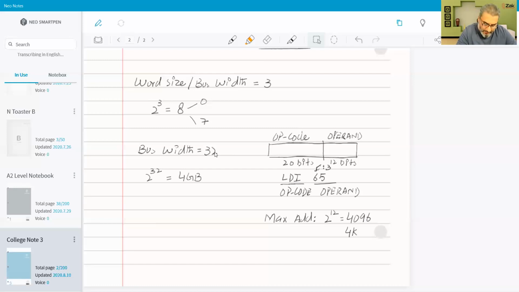And with the bus width of 32, the maximum memory that you can access is this 4 GB. But with the command, since the operand is only holding 12 bits, you cannot go beyond 4K. So there comes the help from LDI.